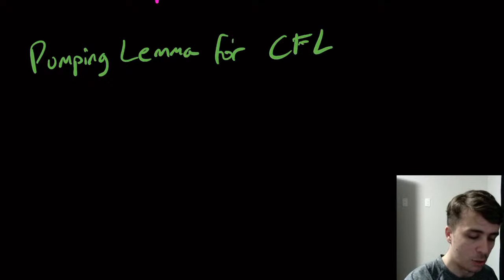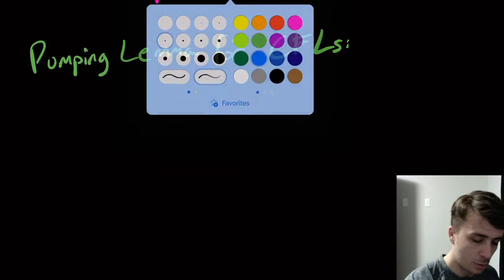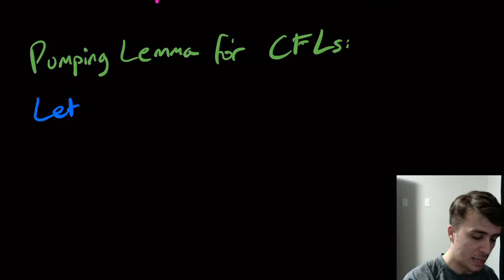Okay, so what this all amounts to is something that you're not going to like hearing, but it's called the pumping lemma for context-free languages. And what is the statement? Let L be a CFL.